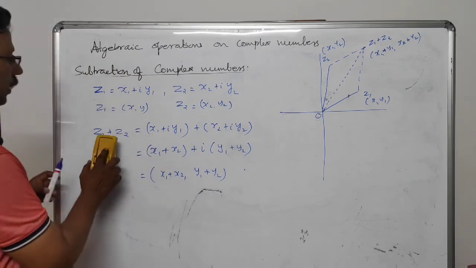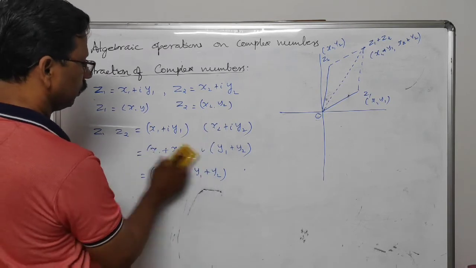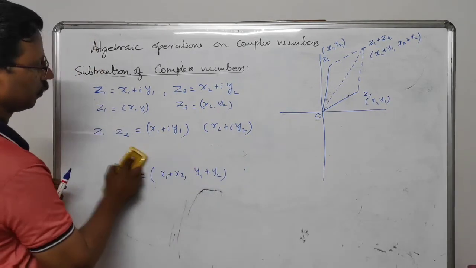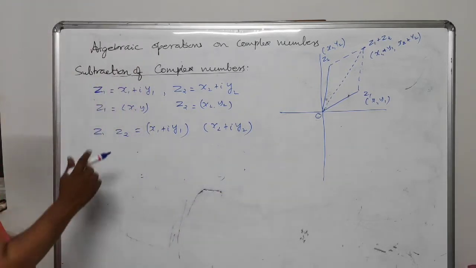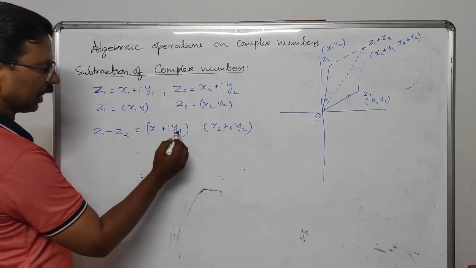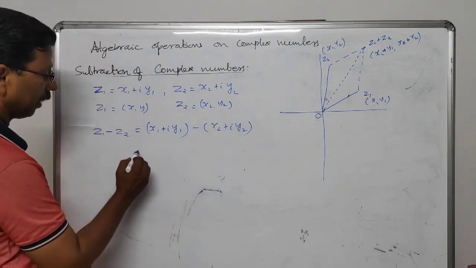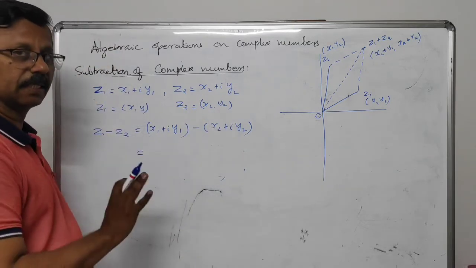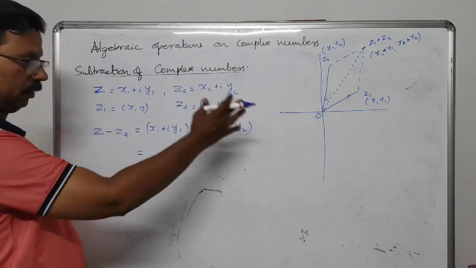That is, instead of writing Z1 minus Z2, Z1 equals x1 plus iy1, Z2 equals x2 plus iy2. You have to subtract the corresponding parts, real part with real part, imaginary part with imaginary part.